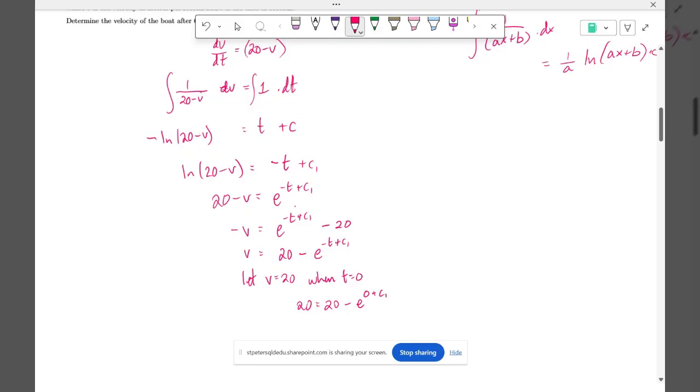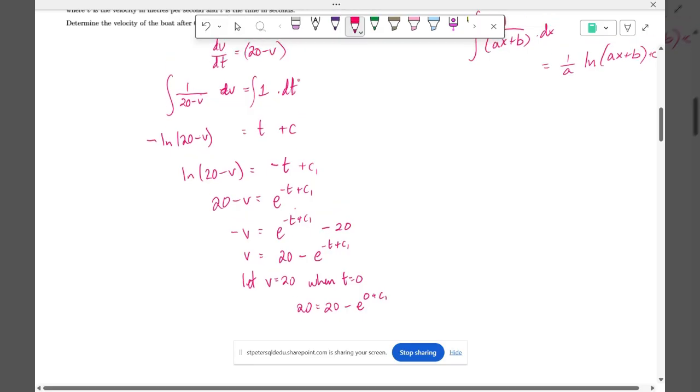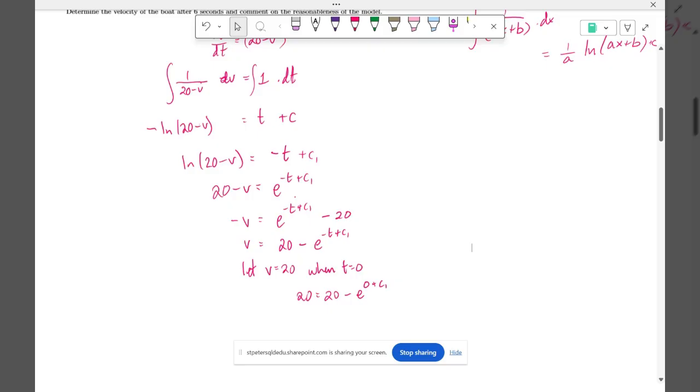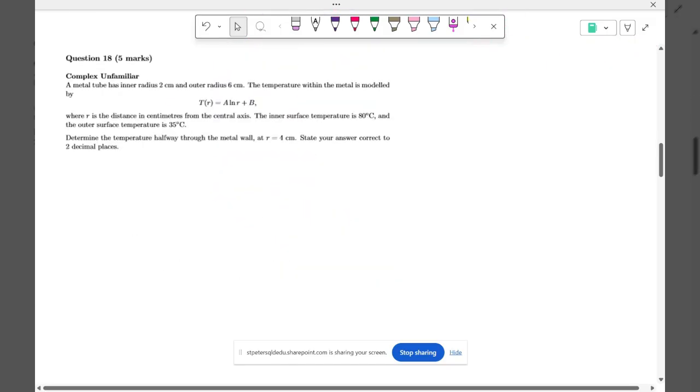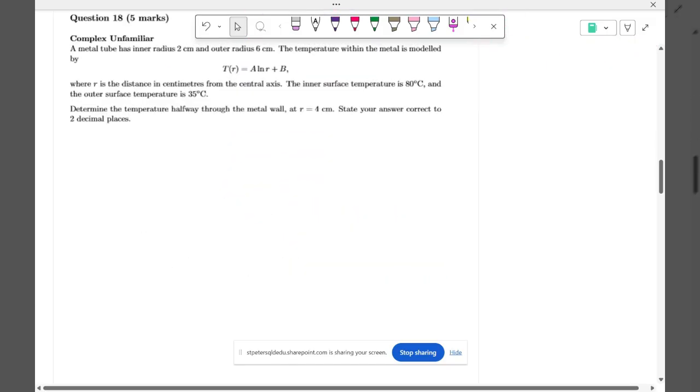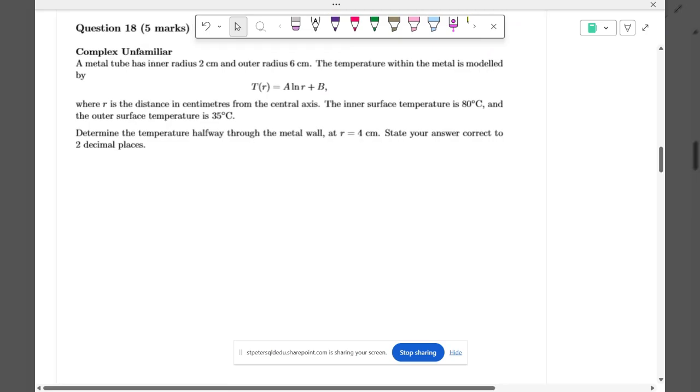So again, this model would be unreasonable. The initial bit, though, how you can separate that derivative, the dv and dt, into two separate bits, that's an important bit to at least understand can happen. But again, not probably the focus of what we're going to be doing. Let's have a look at this next one.